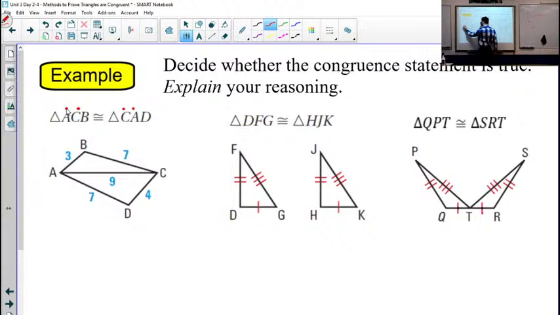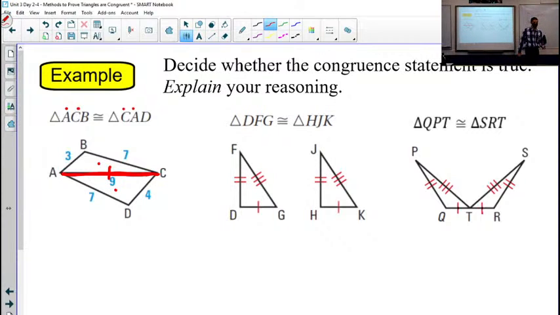Let's see, AC is 9. And then CA, oh, well, I just drew the same side again. This is reflexive property. When we get there later this week, this is going to be reflexive property, when I have a side that is shared between these 2 triangles.